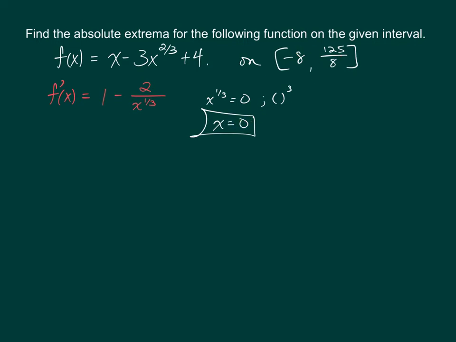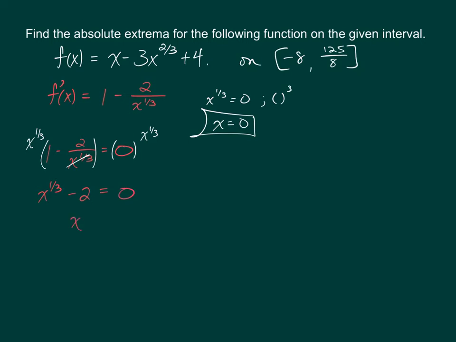And yes, this 0 is in this interval, so that is absolutely a critical number that we need to pay attention to. All right, so the last critical number here that we need to find is from when we set this derivative equal to 0 and solve for x. So I'm actually going to multiply everything by x to the 1/3. So I can cancel this one here, and we are left with x to the 1/3 minus 2 equals 0.